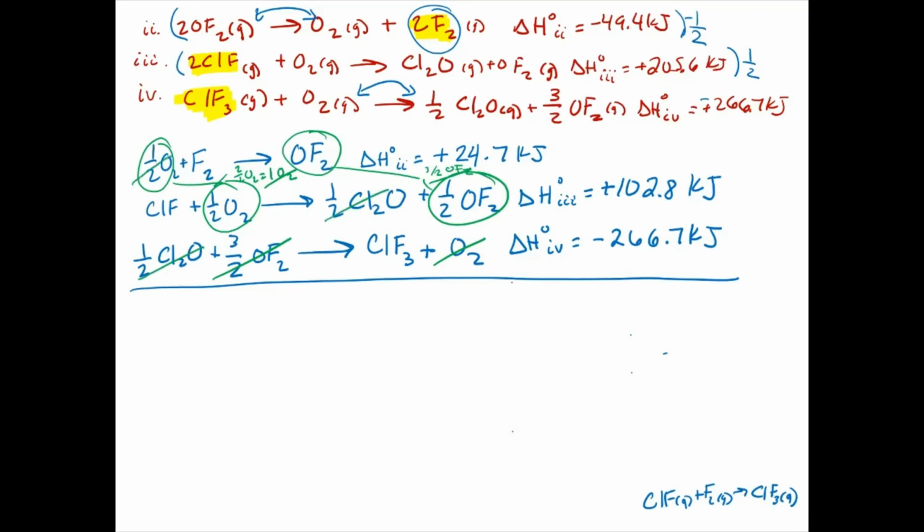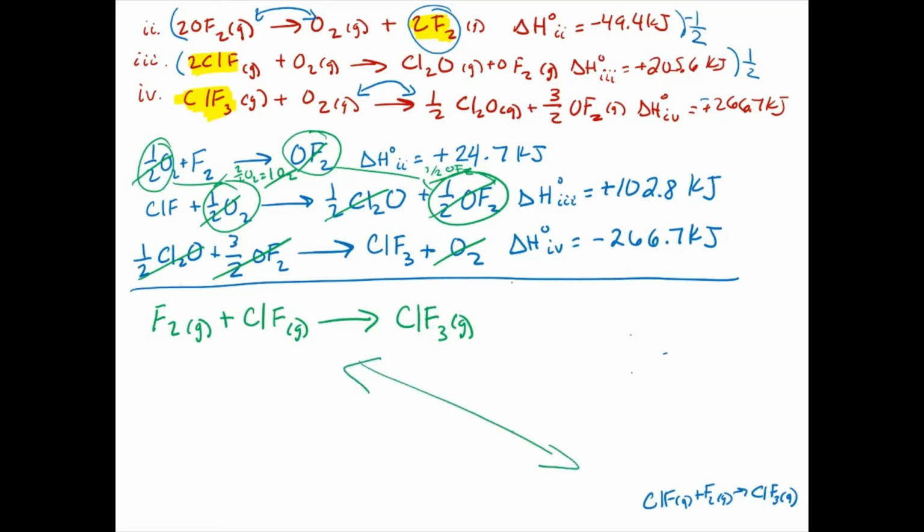So then if we rewrite everything, we now have F2 plus ClF becomes ClF3. So our overall reaction checks out, it's the same thing.